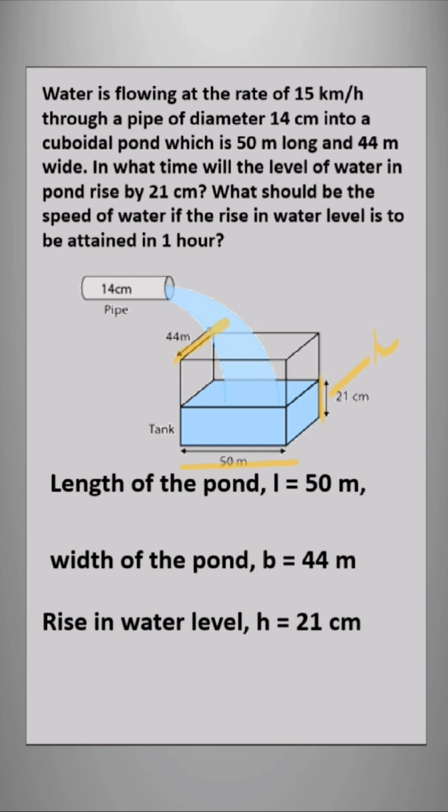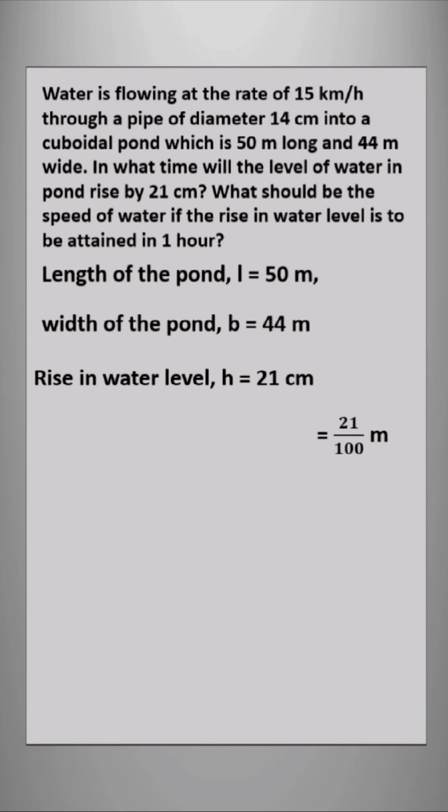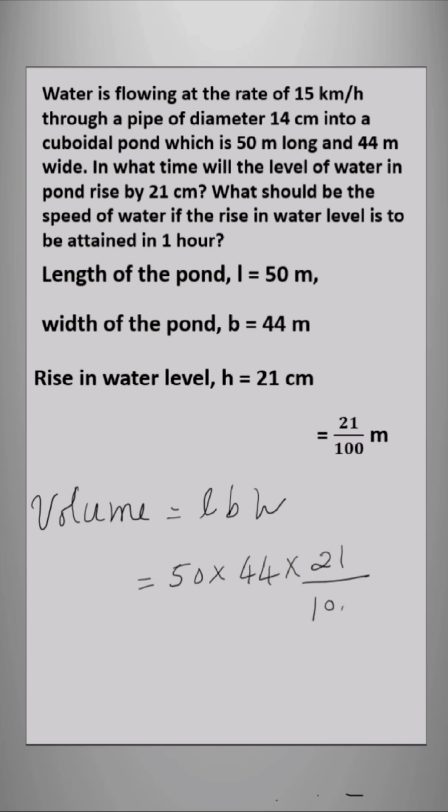Let us convert it into meter: 21 by 100 meter. Now let us find the volume of the water in the cuboidal tank. We know volume of a cuboidal structure is length into breadth into height. Now let us substitute the values: 50 into 44 into 21 by 100 meter cube.